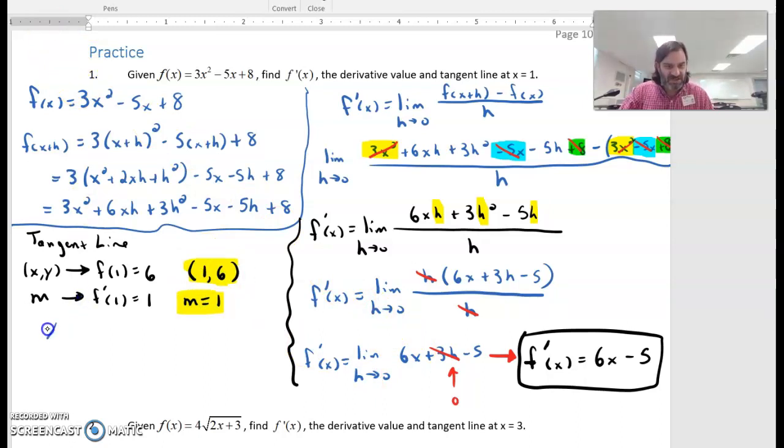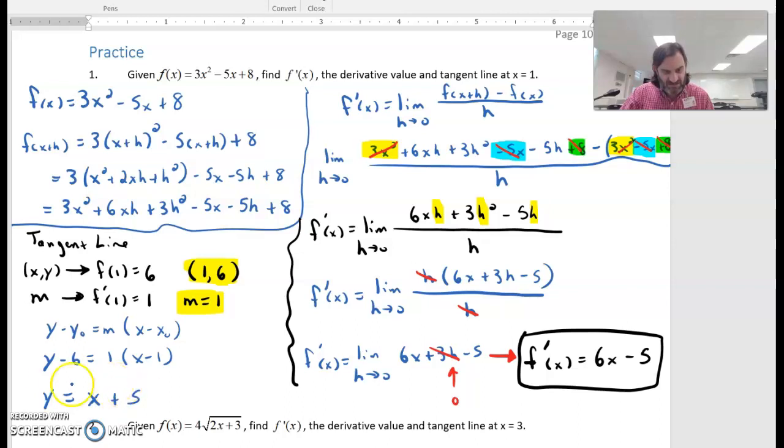Y minus y naught equals m times x minus x naught. Plug these in. Y minus 6 equals 1 times x minus 1. That 1 is kind of useless, so we'll just go ahead and pull the 6 over. Y equals x, minus 1 plus 6, so plus 5.